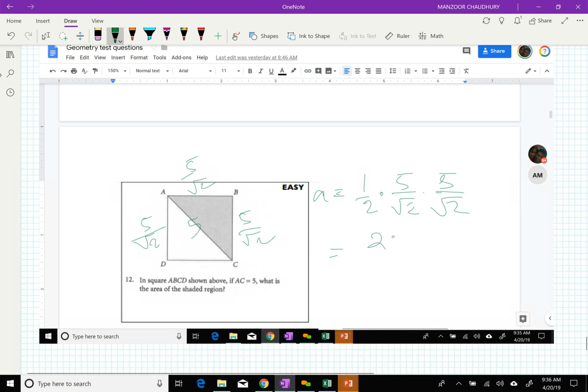All that turns out to be 25 divided by 4. Oh, okay. Got it. Perfect. I was doing 2 square root of 2 times square root of 2 equals 2 for some reason, rather than 4.